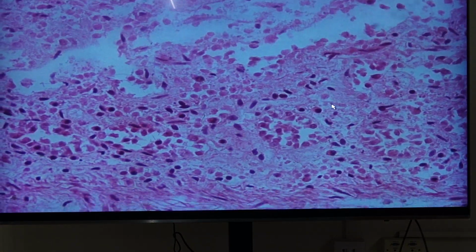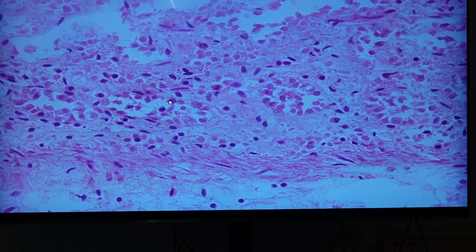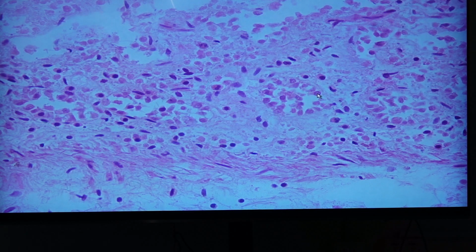You can see the presence of the glands here, okay, but they are lined already by necrotic cells exhibiting karyolysis. When you have karyolysis, it means that there would be a decrease in the chromatin pattern or fading of the chromatin.